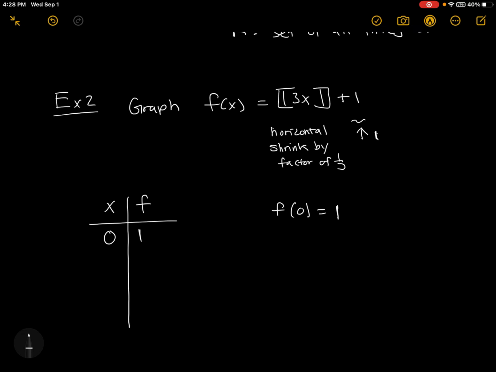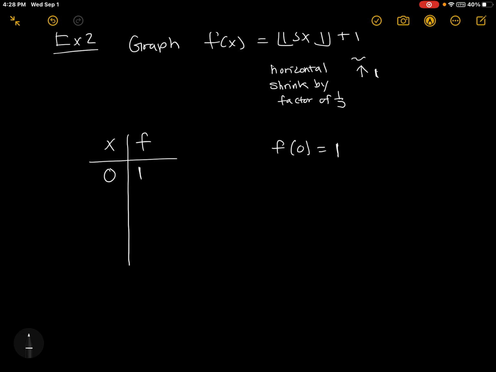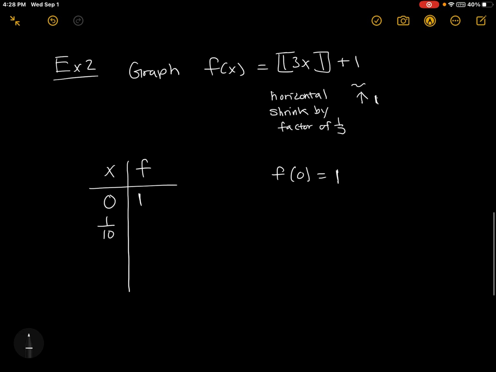What if I plug in 1/10? Using a fraction over here, the greatest integer less than or equal to 3/10 is just going to be 0. So you're going to have 0 plus 1, which is 1.